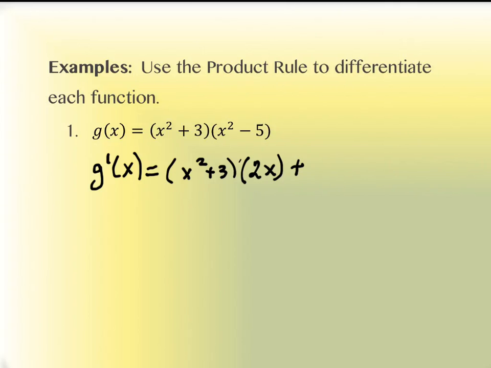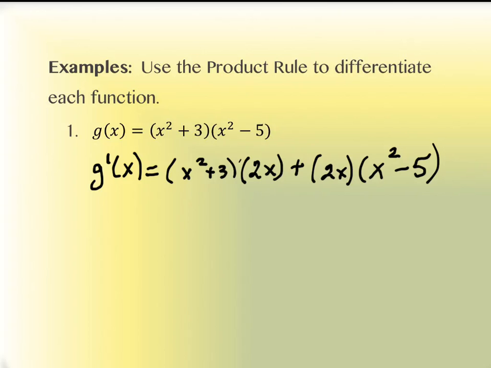Then there's an addition sign. That's part of the rule. And then I will take the first function, x squared plus 3, and I will take its derivative. And what's the derivative of x squared plus 3? 2x. And I will multiply that by the original second function that I was given.